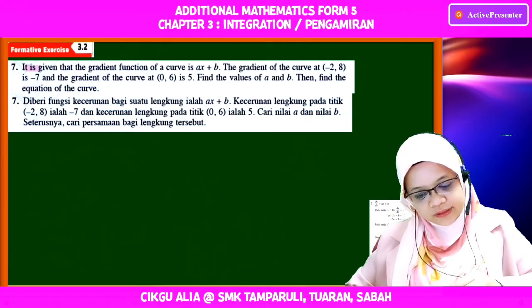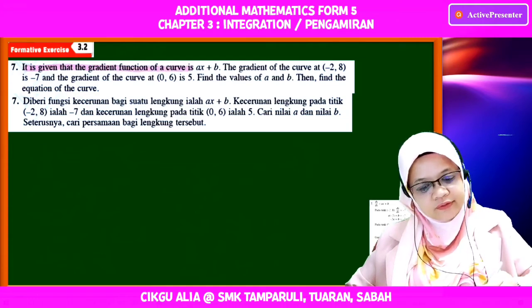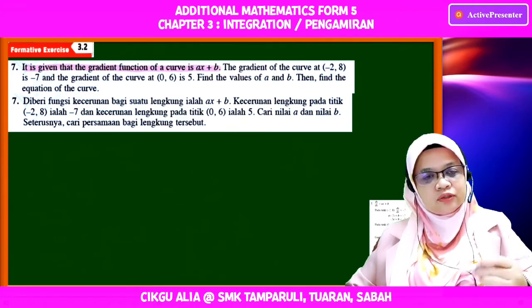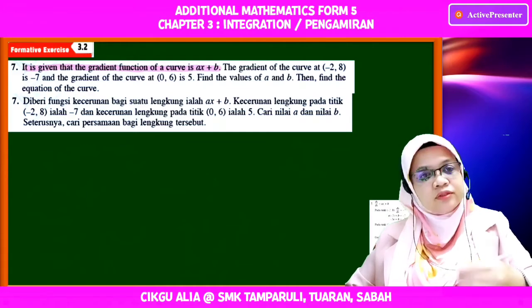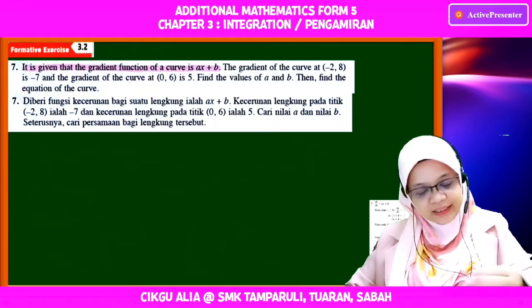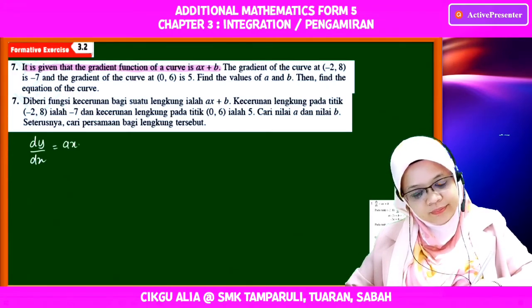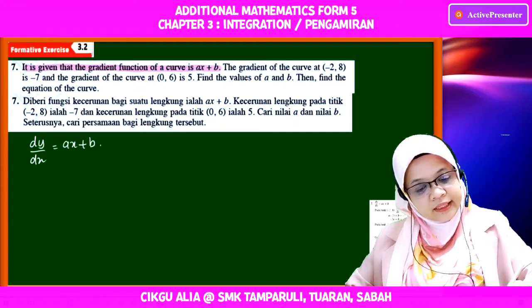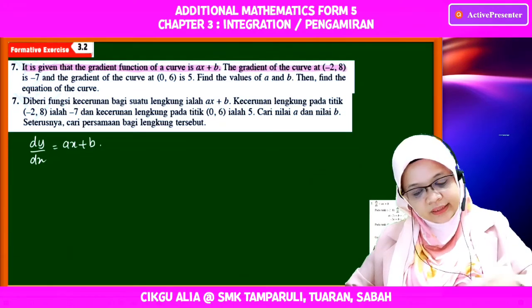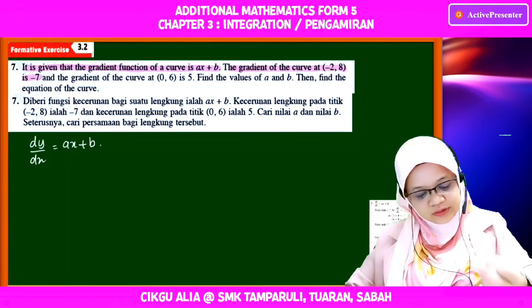It is given that the gradient function of a curve is ax plus b. So what is the gradient function? The gradient function is dy/dx. So kita tuliskan, given dy/dx equals ax plus b. Then the gradient of the curve at x equals negative 2 is negative 7. Maksudnya apa?